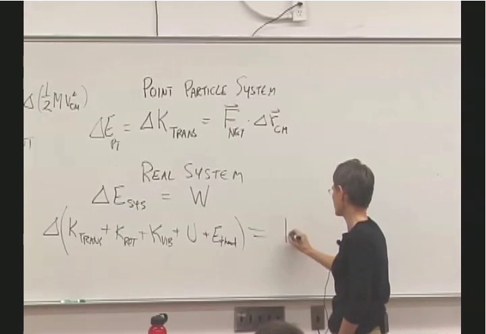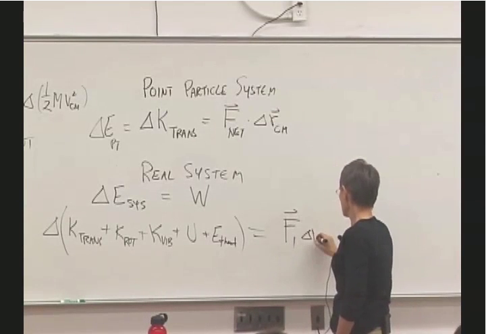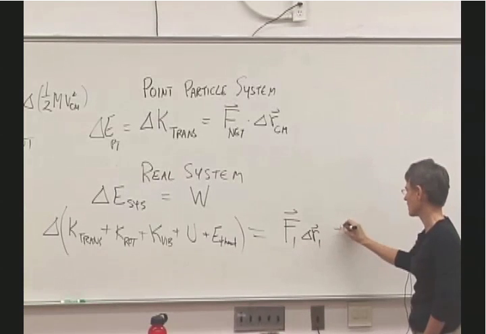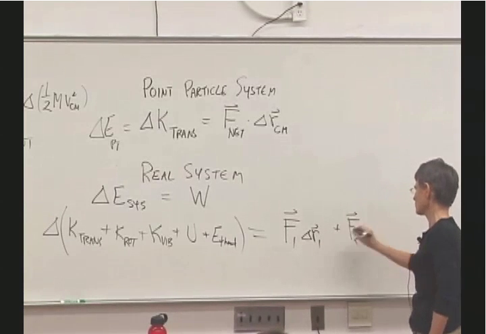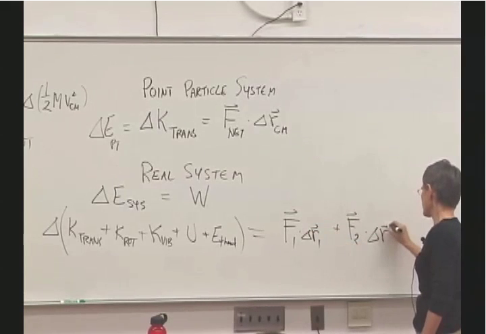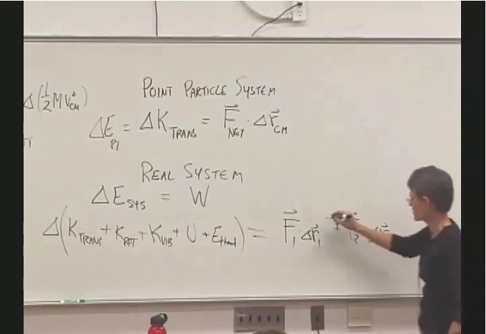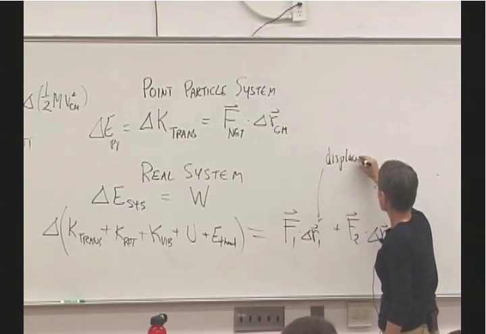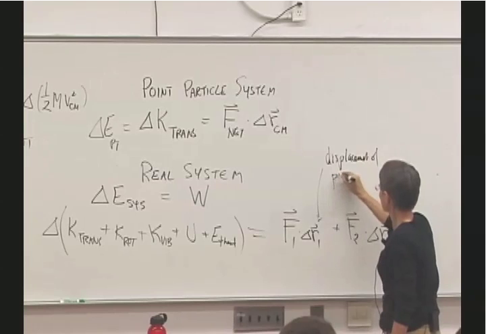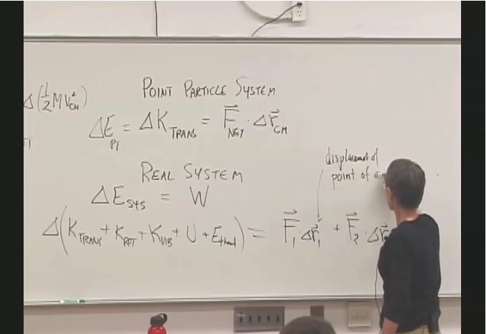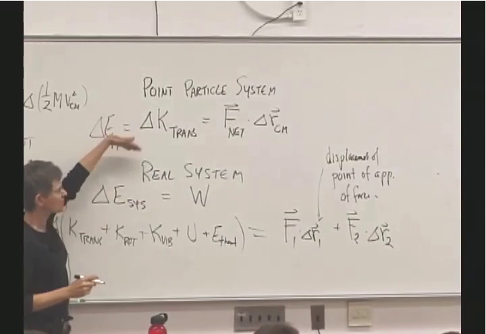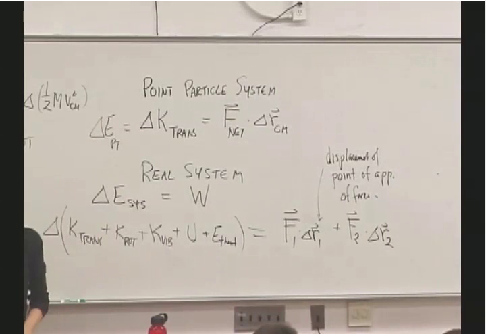So we have to add it up this way. We have to say whatever force 1 is times the displacement of the point where that force was applied, plus force 2 dot the displacement of where that force was applied. So this is displacement. And by doing this analysis, we're going to see that we can actually get information.